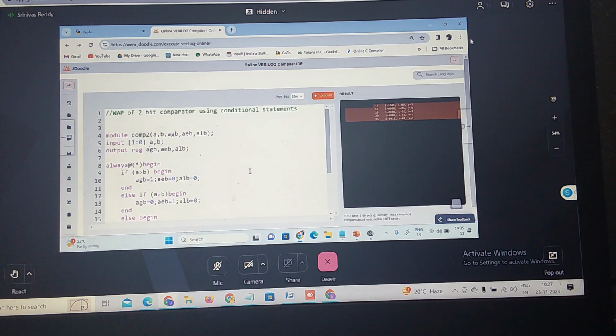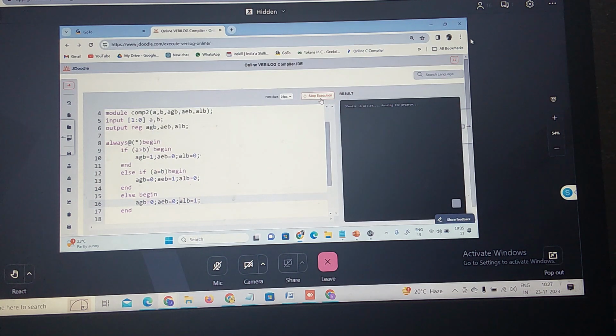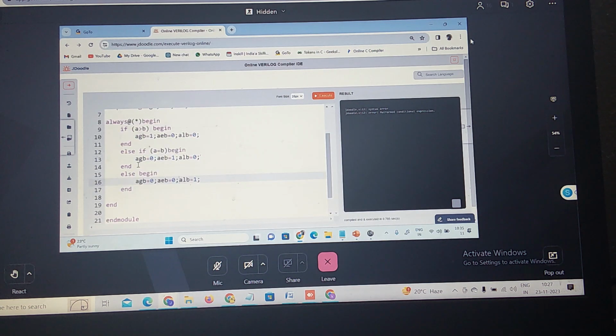Now this is my design file. Now let us run this for syntax. So there is an error at line number 12. What is the line number 12? Is it else if?